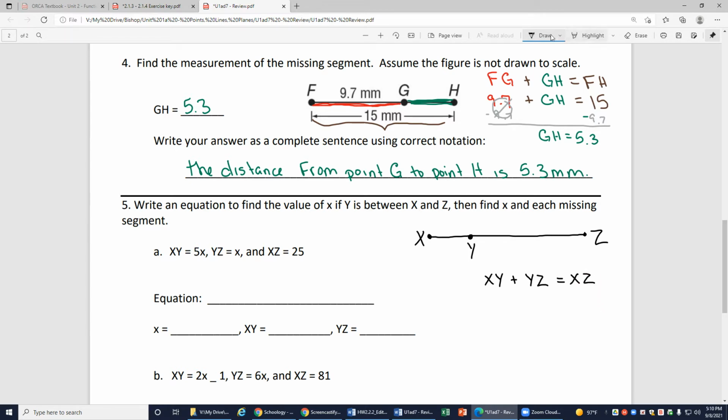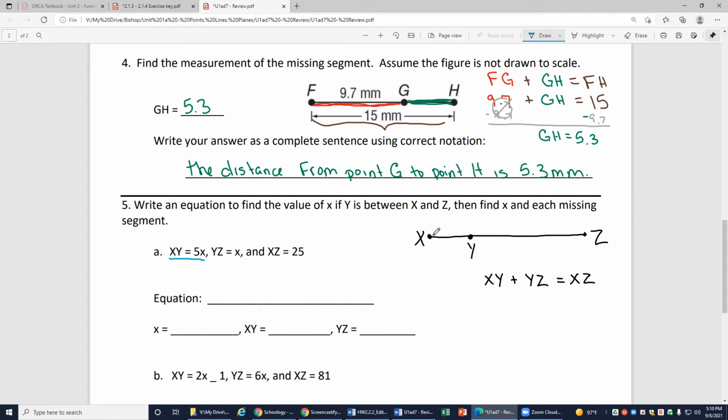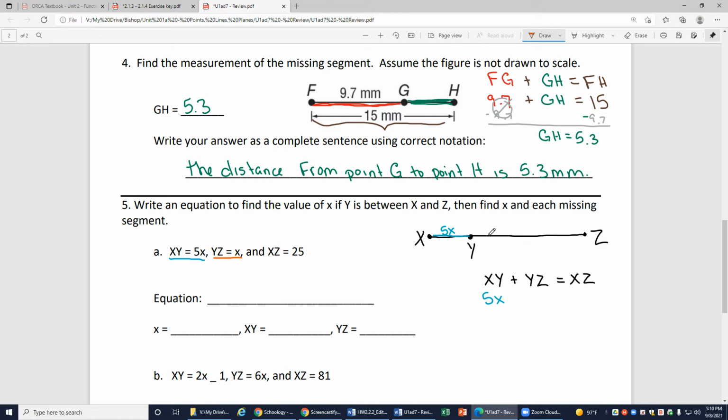Okay, all right, so now if I was doing a proof, I'd call them my givens. XY is 5x. YZ is just x.